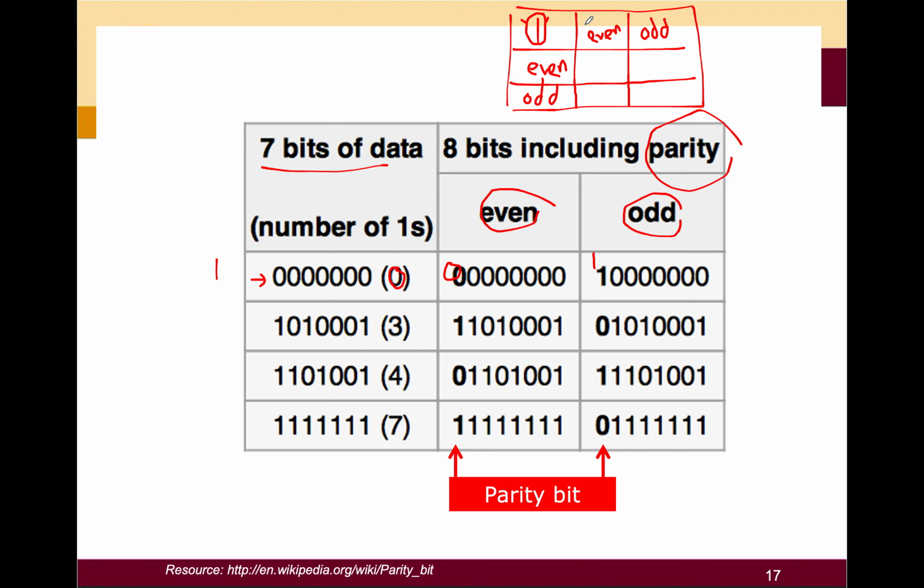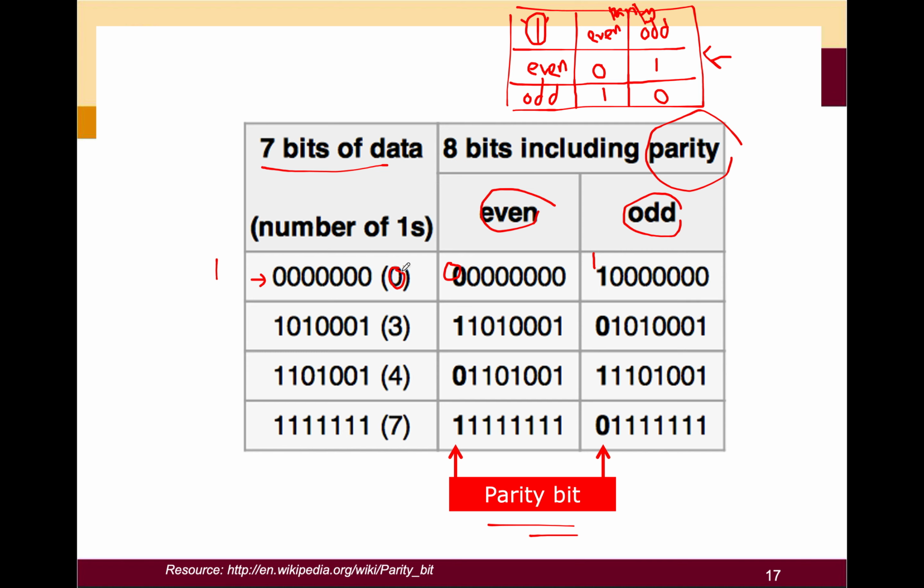So if you want the parity of even, you will get like this, 0, 0, and then odd will be like this. So just remember this table. This is for parity, what parity you need to convert to. So you need to add the parity bits.